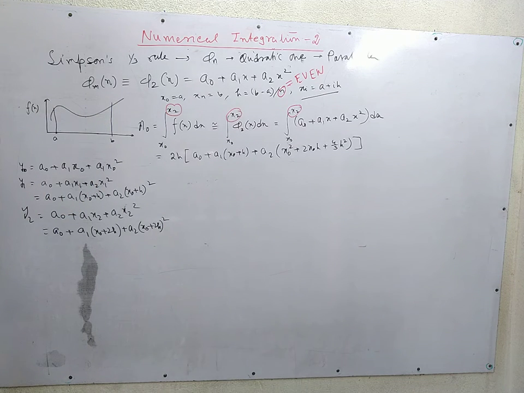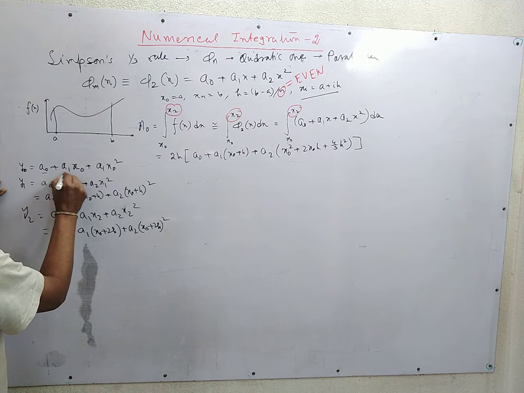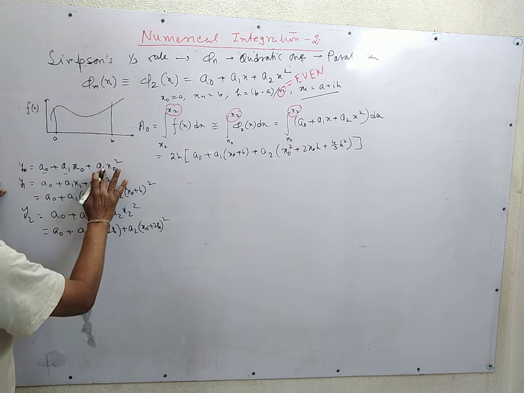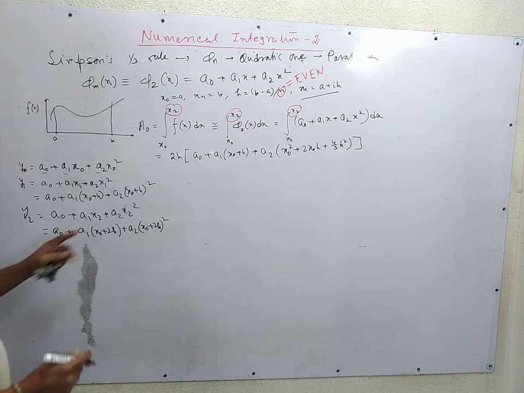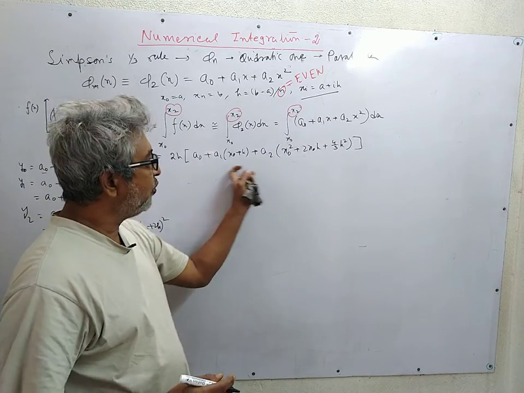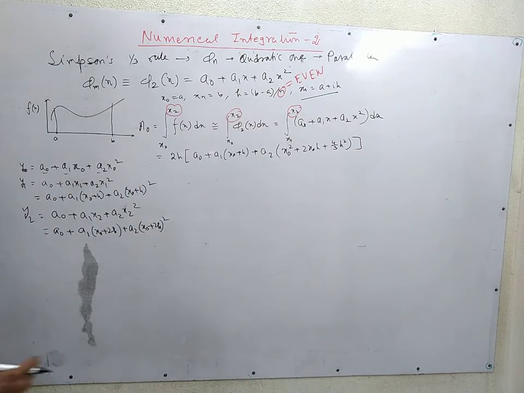The analytical way would be to solve these three equations for a0, a1 and a2, and to replace these a0, a1, a2 over here in terms of y. But the thing is a complicated one, as we have to solve these three simultaneous equations.